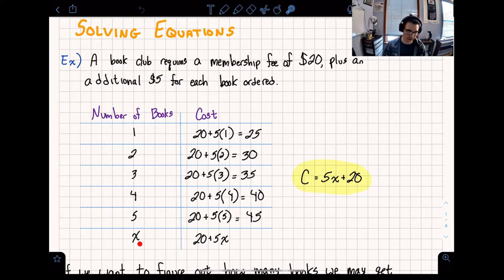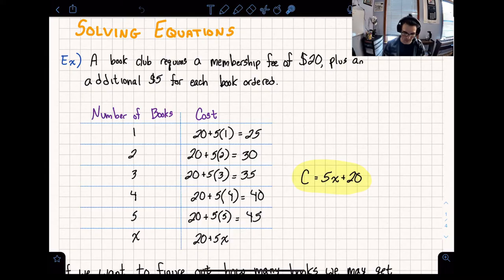So when we have x books, an unknown number of books, our general equation is 20 plus 5x, $5 per our x number of books. And then we can come up with an even more generalized equation. C for the cost equals 5x, $5 times the number of books, plus our $20 fee. C equals 5x plus 20.